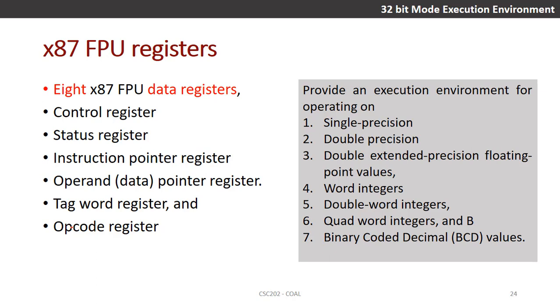These are not the microprocessor's general purpose registers, nor special purpose registers. The x87 FPU contains 8 data registers, 1 control register, 1 status register. It has its own instruction pointer register, an operand pointer register, a tag word register, and an opcode register.